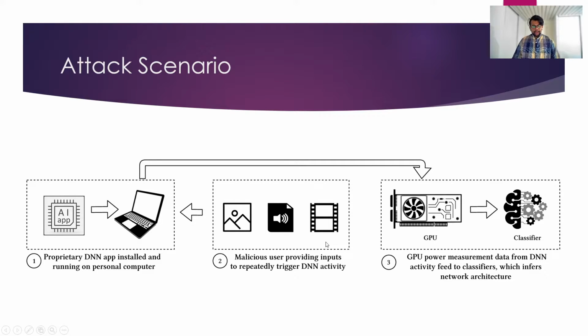We have an attacker here that feeds malicious inputs to this application and monitors its power so that it can find some sort of pattern, and mix and match with patterns of other neural networks, to figure out what architecture and what key features this neural network uses in this AI application. And that's how we try to expose certain architectures in our attack.